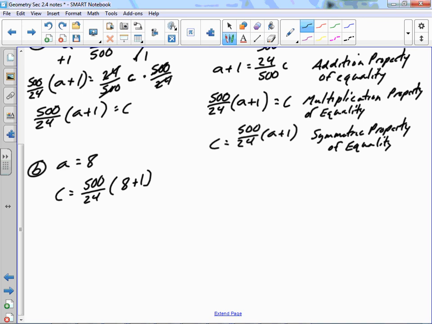And so C equals 500 over 24 times 9. When we multiply that out, 4,500 over 24, we divide it out, it's going to be 187.5 milligrams.